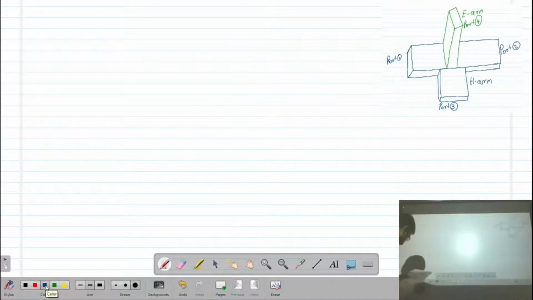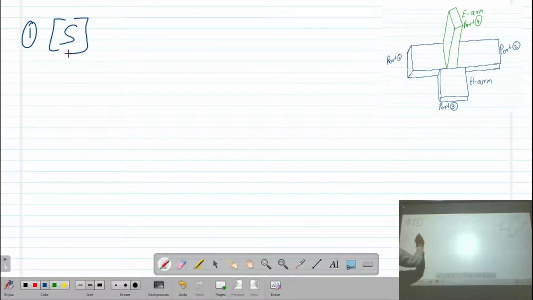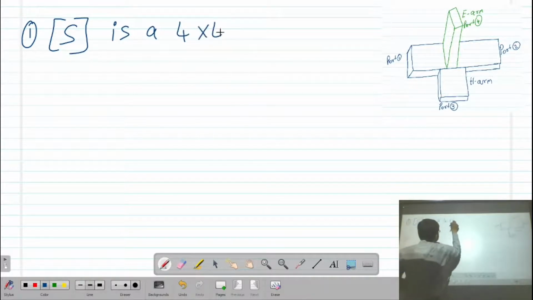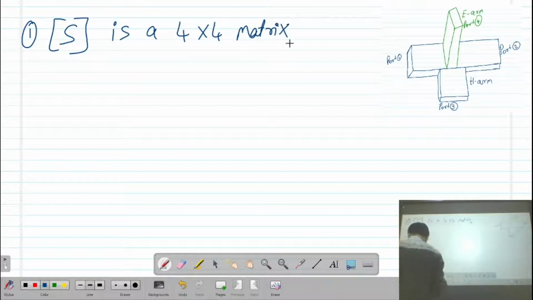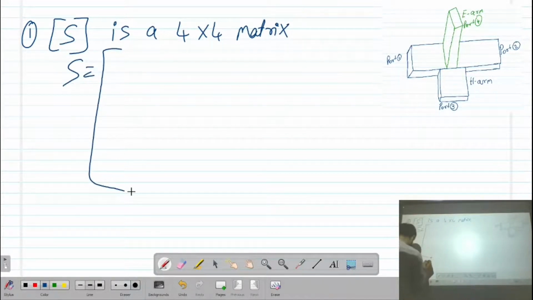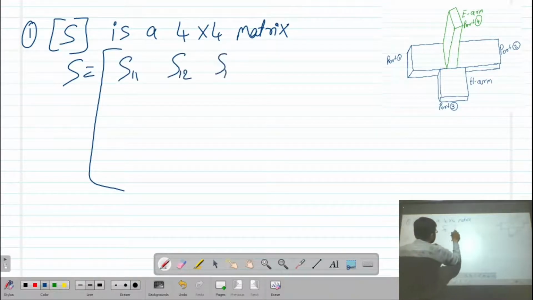The first point is that the scattering matrix is a 4 cross 4 matrix. So S will be given by S11, S12, S13, S14, S21, S22, S23, S24, S31, S32, S33, S34, and S41, S42, S43, S44.